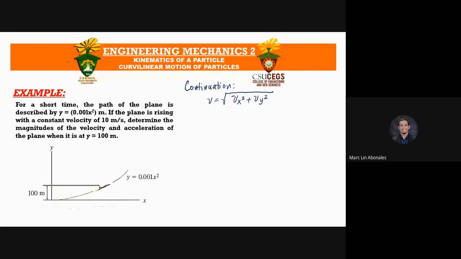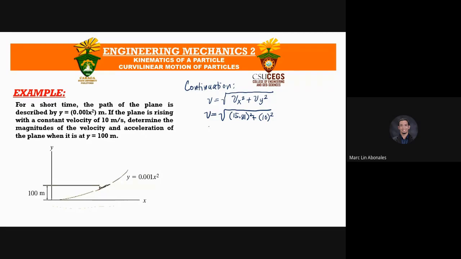Once you have the x and y components of your velocity, you can determine the magnitude of your velocity. So our Vx was 15.81, so that is 15.81 squared. And your Vy is 10, like what I mentioned, rising with a constant velocity of 10 meters per second. That is the y component of your velocity.